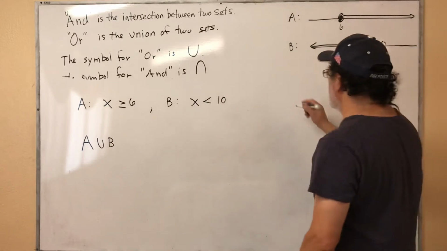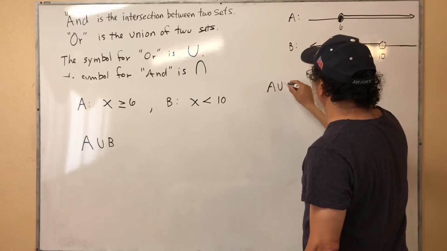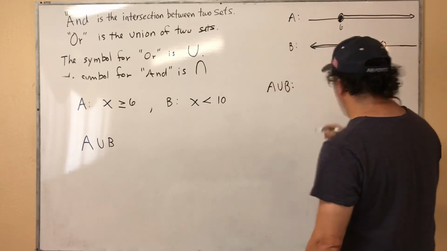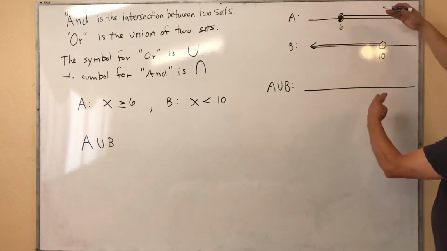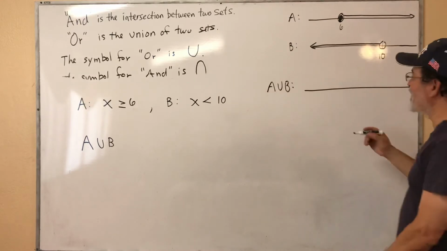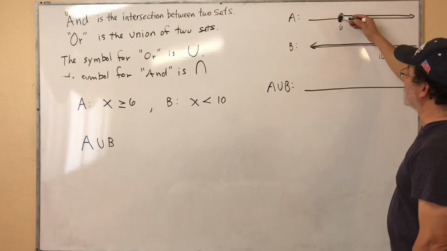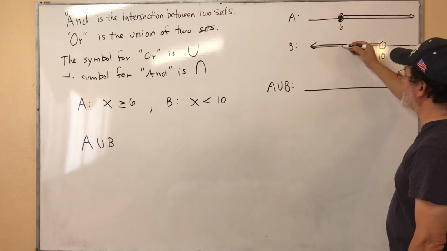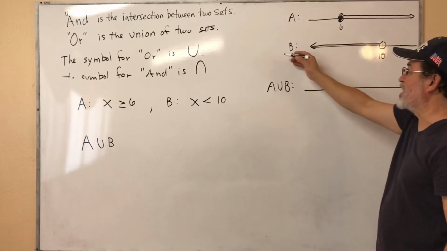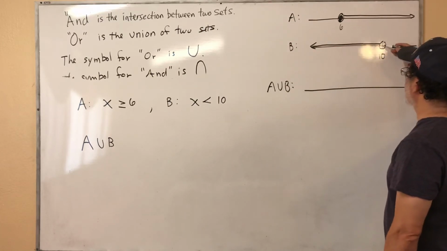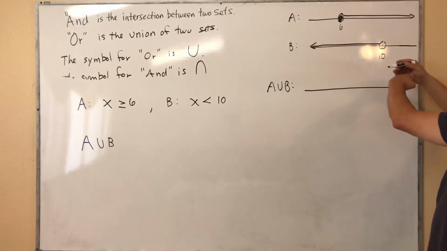Right below, if you write A union B, it's a single graph put together. Everything gets shaded because this 6 is shaded, it's also shaded here, everything is shaded around 6 all the way to negative infinity. This 10 is not shaded, but this one is going to shade it because you put it together.